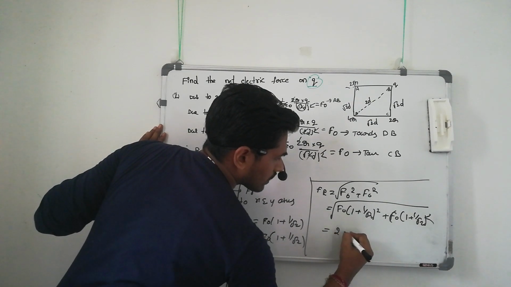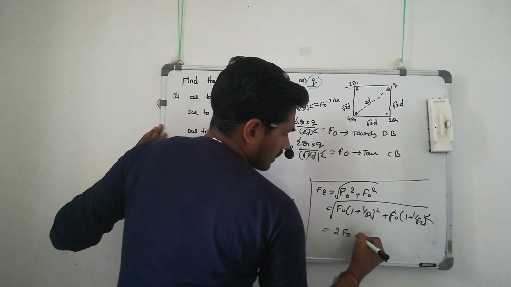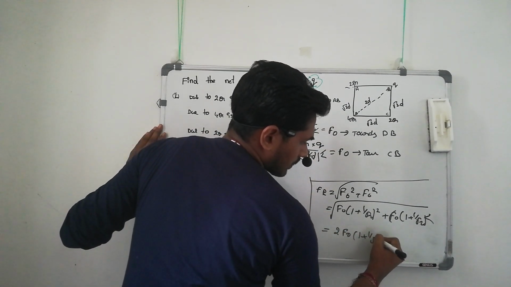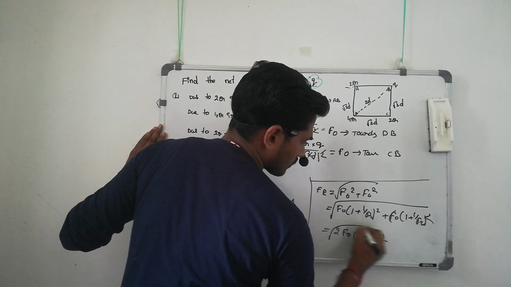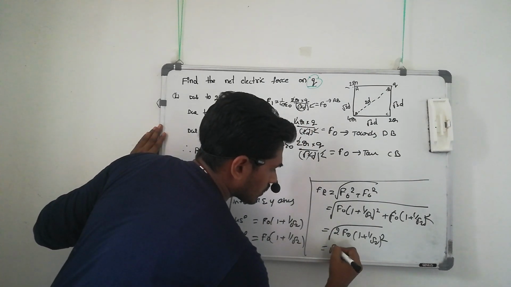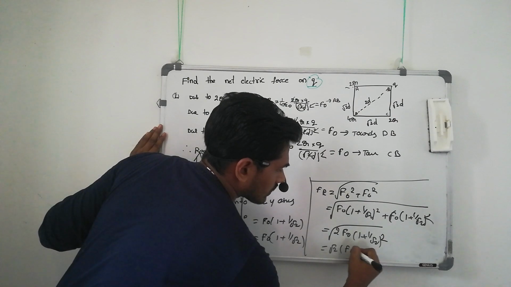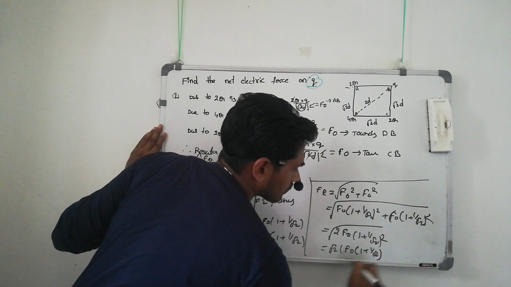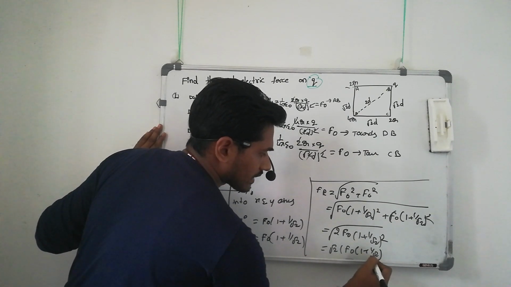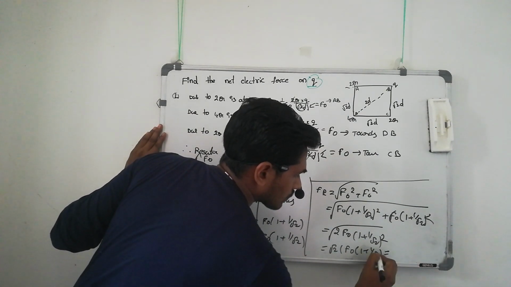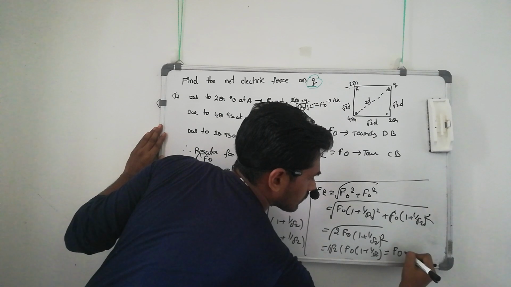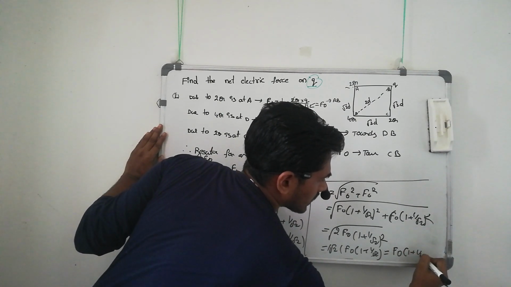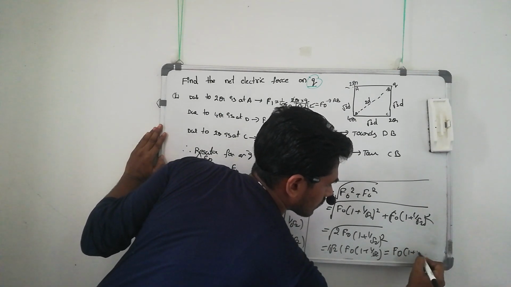What you will get is 2F0 into 1 plus 1 by root 2 whole square. So nothing but root 2 into F0 into 1 plus 1 by root 2.